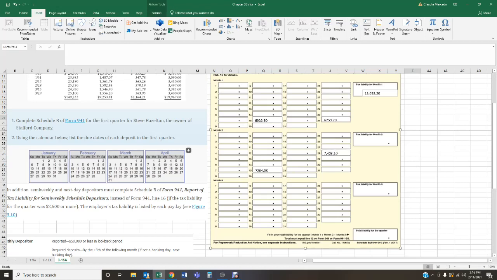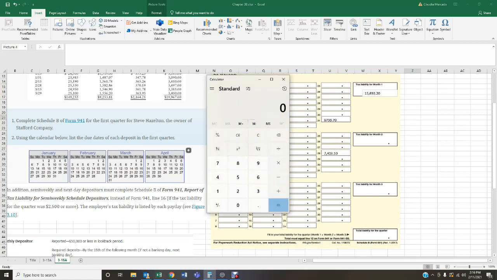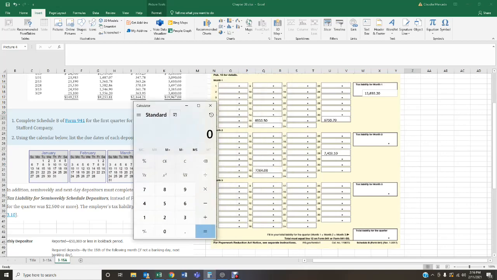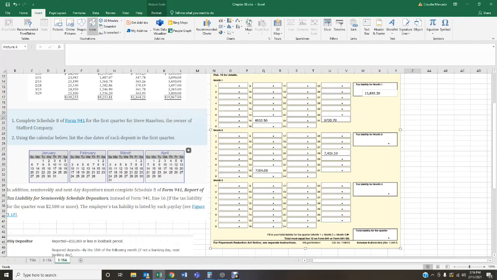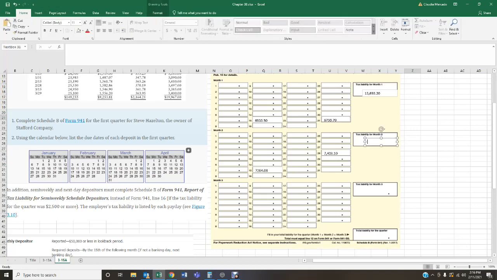Now we're going to add those two together and get our total tax liability for month number 2. 7,264.08 plus 7,403.10 is 14,667.18.